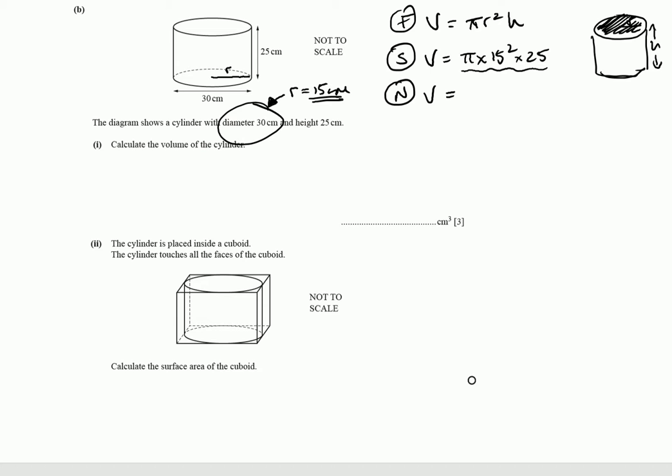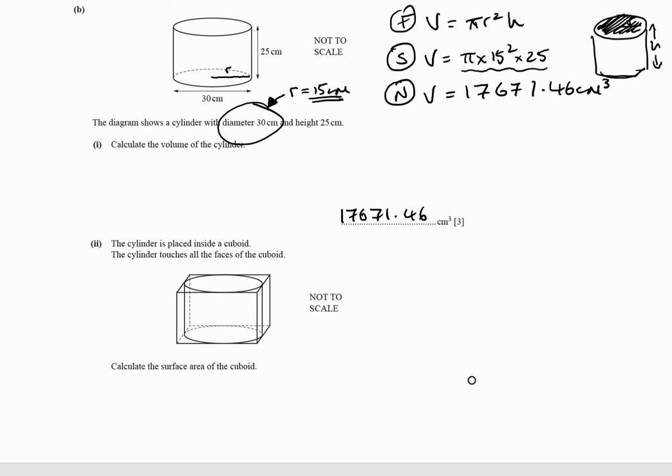And I'm getting 17671.46 centimeters cubed. They don't ask me to round my answer at all, so 2 decimal places will probably be fine. 17671.46.